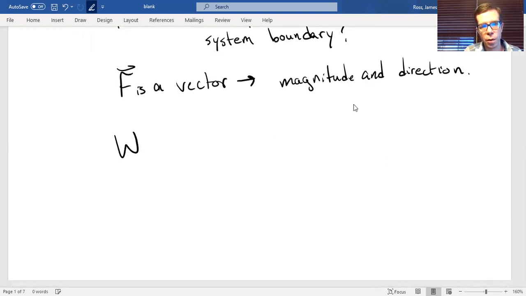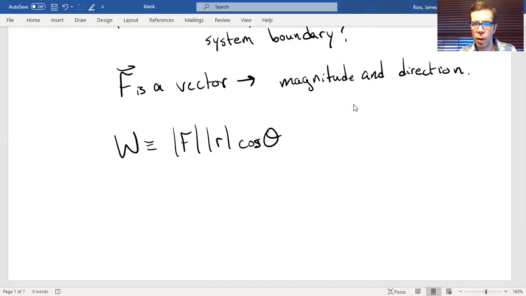So work is defined to be, I'm going to use R because that's what your textbook uses for displacement in this section. So we have work is equal to the magnitude of the force times the magnitude of the displacement times the cosine of theta, where theta is the angle between the displacement vector and the force.